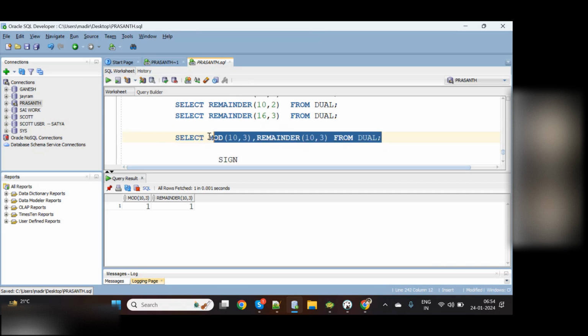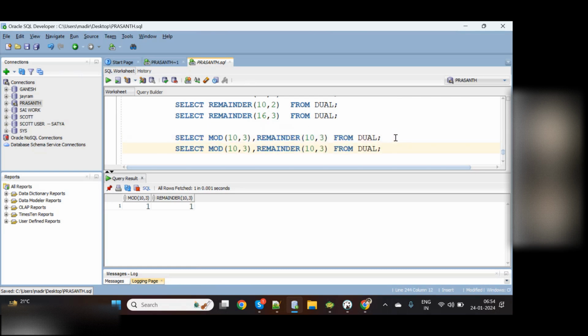Both are giving 1 only. Now the same thing if I give 4, here also we are getting the same value.